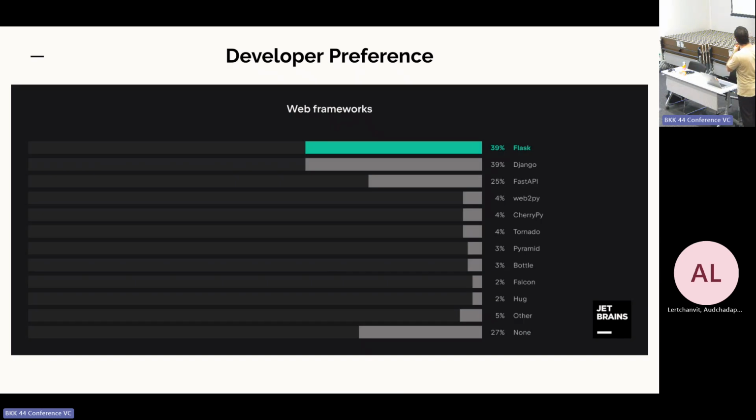I want to share this result of a developer survey that was done by JetBrains in 2022. If you're checking which frameworks developers prefer to use, you're not going to find the http module here or aiohttp because it's very small, but you'll find Django, Flask, and FastAPI as the top three.